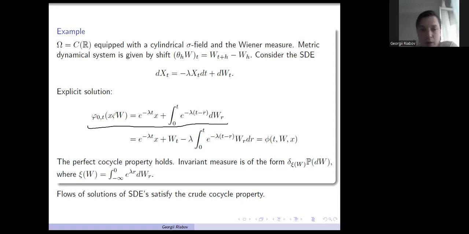So we get the family of solutions to this equation in the following form. And in fact, this function phi, that depends on t, W, and x, is a perfect cocycle over the shift.